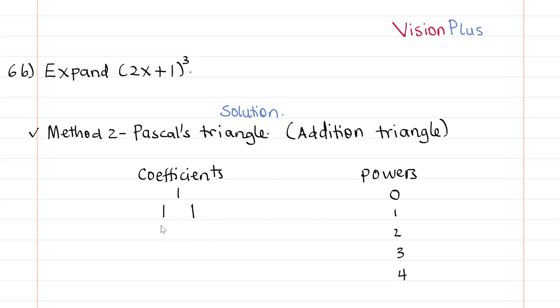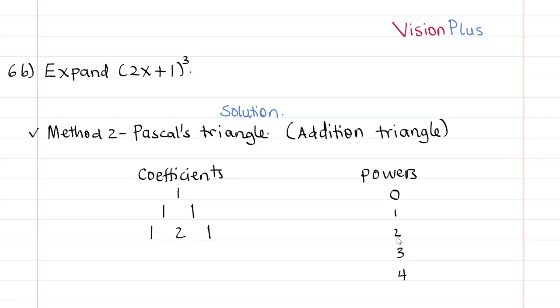That is, these are the coefficients when the power is 1. Coefficient will be 1 and 1. What if the power is 2? What are the coefficients? We simply add. I will say 1 plus 1 is 2. So we write 2 here. And then again we put 1 on the opposite side. We guard it with 1s. 1 here and 1 there.